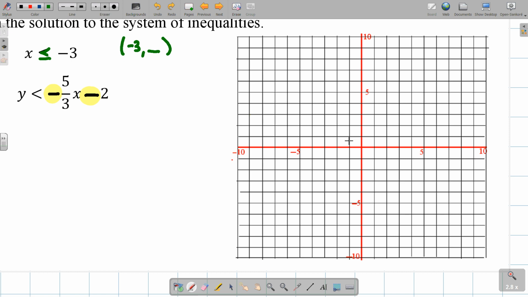So let's graph -3, 0. -3, 1. -3, 2. -3, 3. So you're seeing that x is less than or equal to -3. Now, because of that equal to sign, we are going to use a solid line.